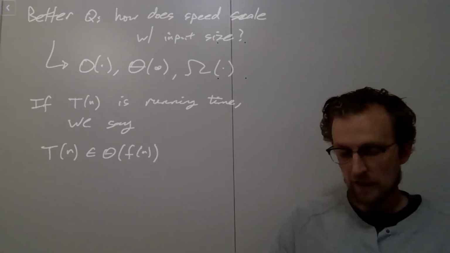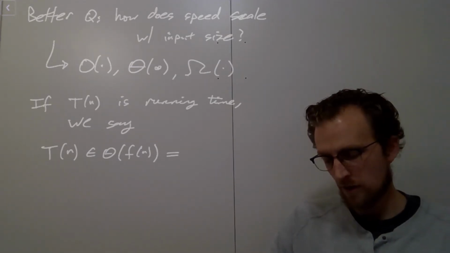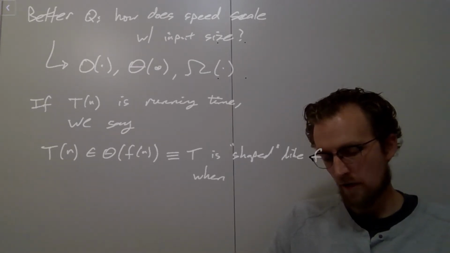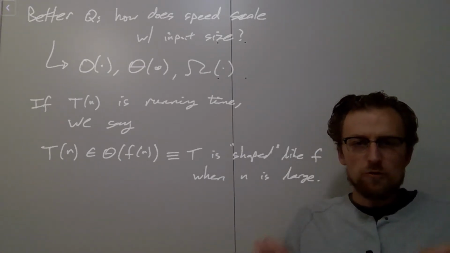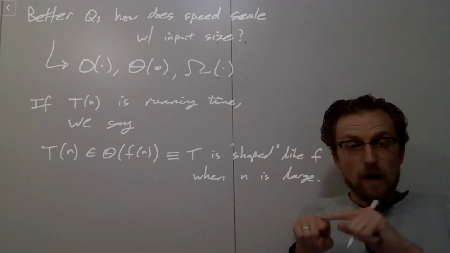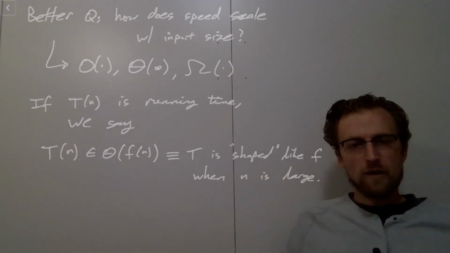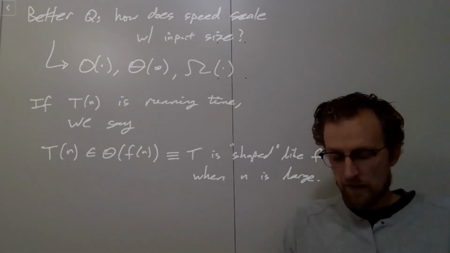And this means something like T of n is shaped like f of n when n is large. That's the key insight. And I like to say when you zoom out on the plot, like if I plot T of n and f of n, and then I zoom out and squint, those two functions are going to look very, very similar. They'll essentially look like scaled copies of each other if one of them is big theta of the other.